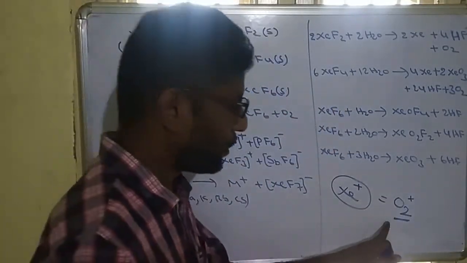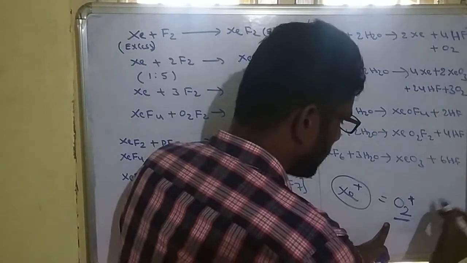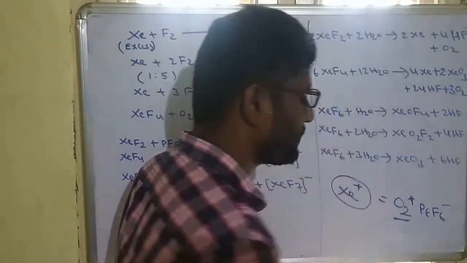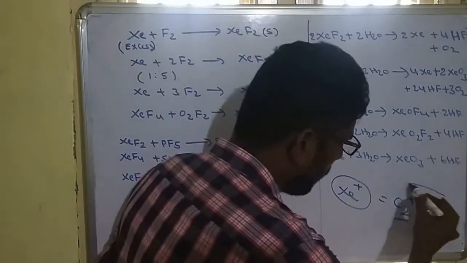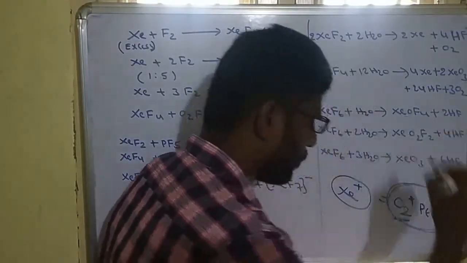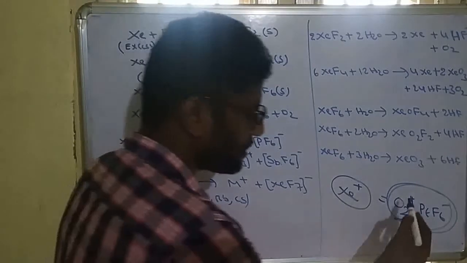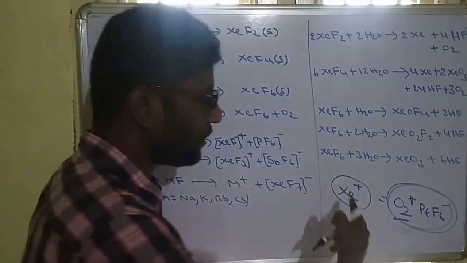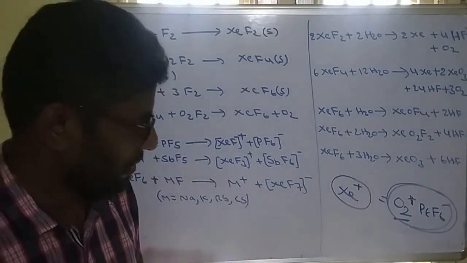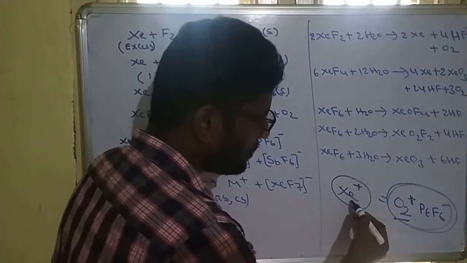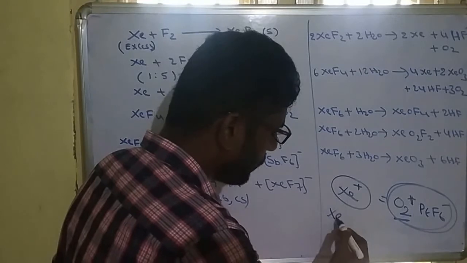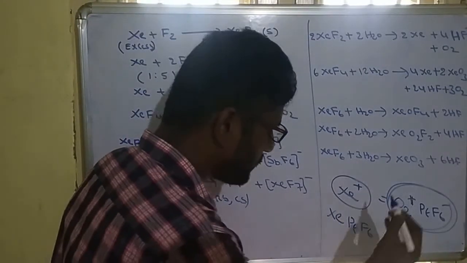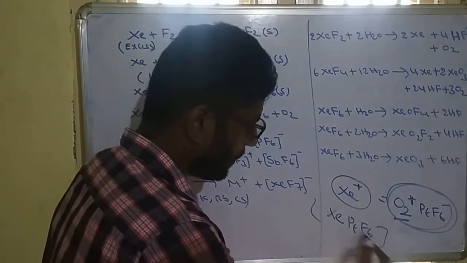O2 plus combines with PtF6 minus. It is a red color compound synthesized in the laboratory, O2PtF6. In this, the ionization energy of O2 is nearly similar to the ionization energy of xenon. So by using this relation, the first noble gas compound was prepared in the laboratory.